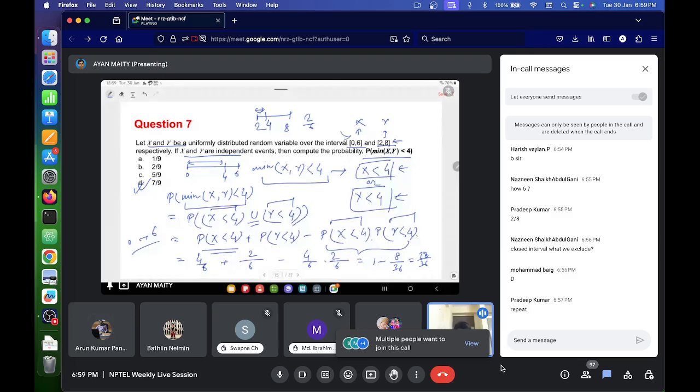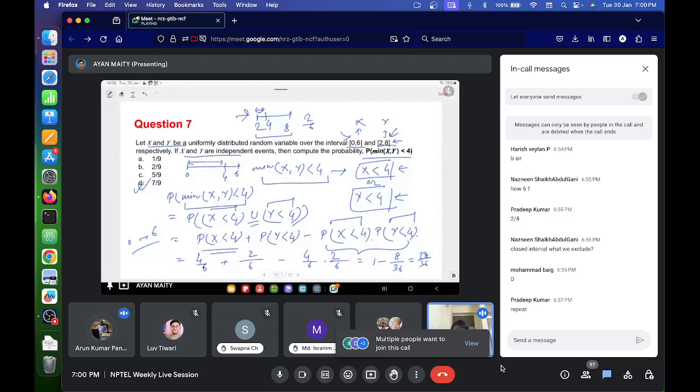X is uniformly distributed from 0 to 6, so the probability that x is less than 4 is 4 by 6. And for y, it is distributed from 2 to 8. What is the probability that it is less than 4? From this diagram you can see that if it is less than 4, then it should be between 2 and 4. The total span is 2 to 8, so 2 by 6 would be the probability for y to be less than 4.